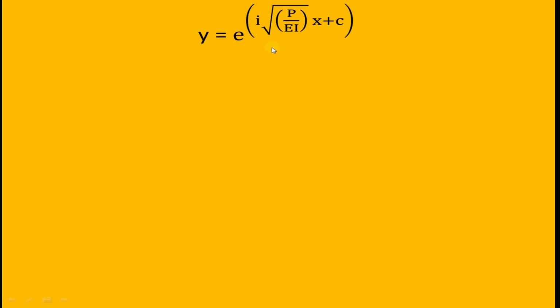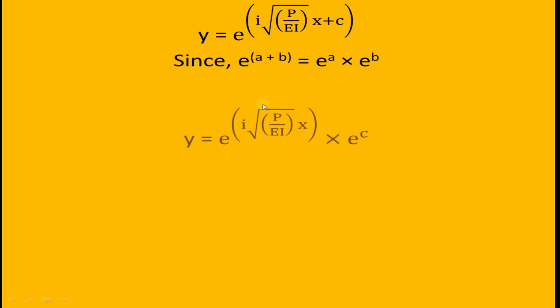We know that e power a plus b is e power a into e power b. So similarly, e power i square root of P by EI x plus c can be rewritten as e power i square root of P by EI x into e power c, right? So the next step will be y is equal to e power i square root of P by EI x into e power c.